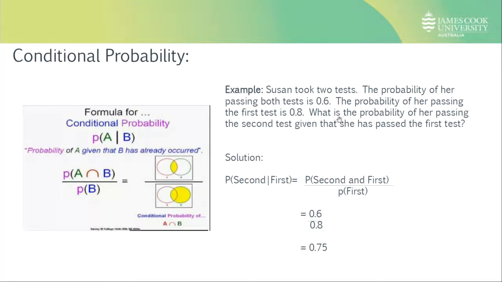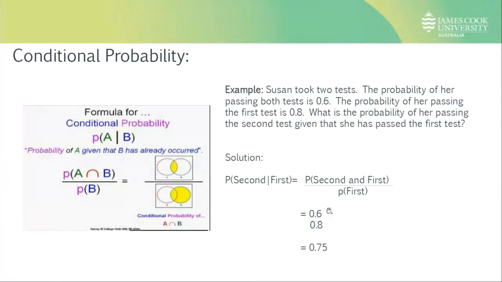We write it this way: the probability of passing the second test, given that she already passed the first test. The term which has already happened goes on this side so that it will be less confusing for us.